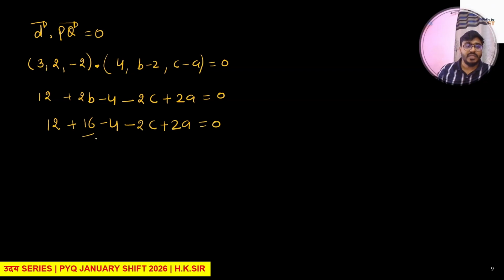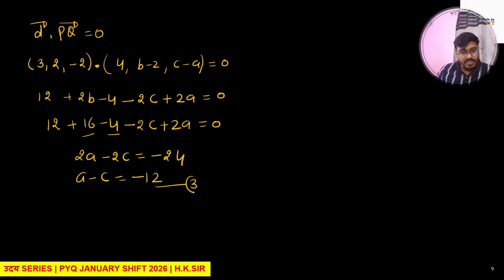So 16 minus 4 is 12, 12 plus 12 is 24. You can write 2a minus 2c equals minus 24. So a minus c equals minus 12. This is equation number 3.